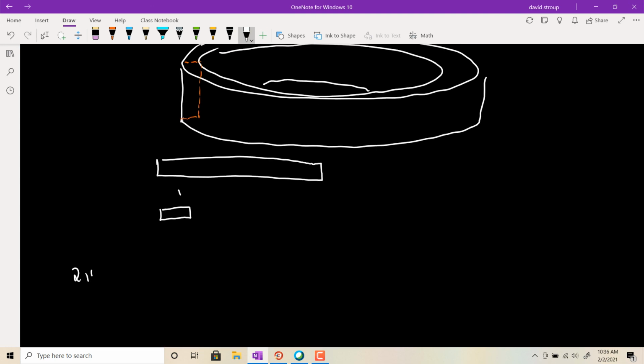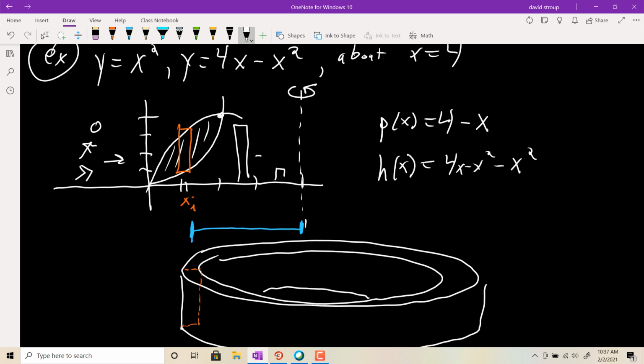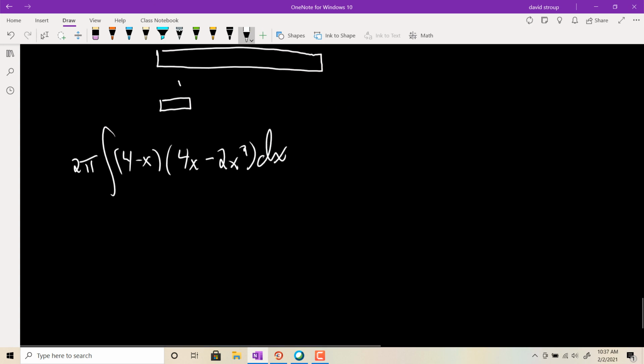So it's 2 pi times p of x, which we're saying is 4 minus x, times h of x, which is 4x minus x squared minus x squared, so minus 2x squared, dx. And the Riemann man is going from 0 to 2, wherever the region is, basically.